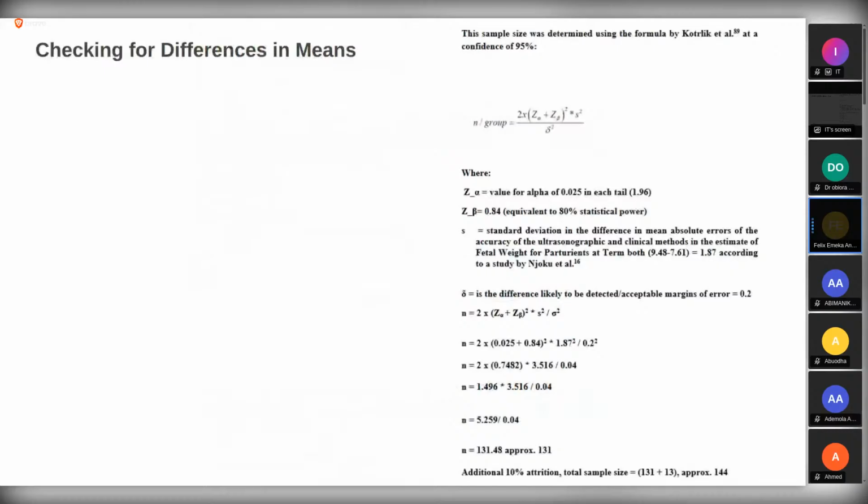All right, so for those of us that want to look at studies where we're checking for differences in means, not like percentages that I've shown you, one of the formulas you can use is this one. You can see that everything here is a constant.